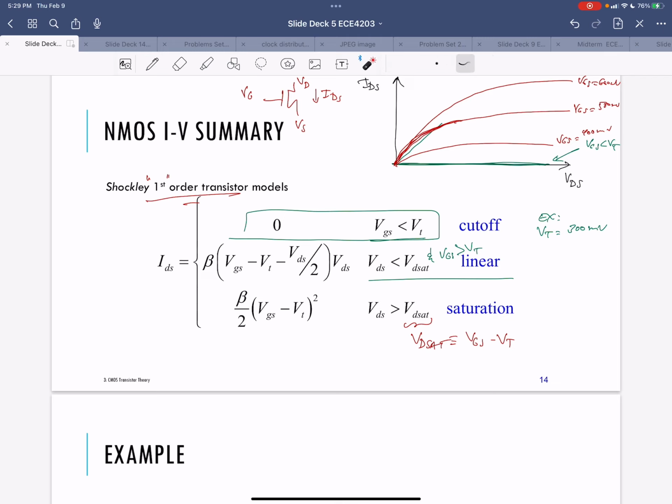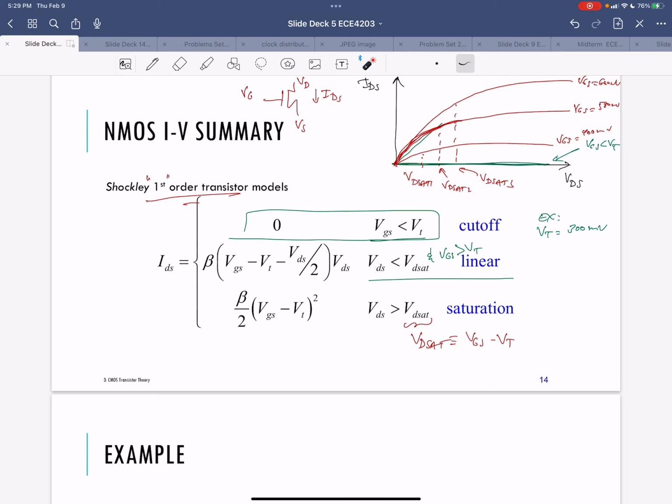That means as my VGS is increasing, this value of VDSAT, when I go from linear to saturation, also increases. So this is VDSAT 1, this is VDSAT 2, this is VDSAT 3. At each point, the break of this curve between linear and saturation is here, it's here, it's here.